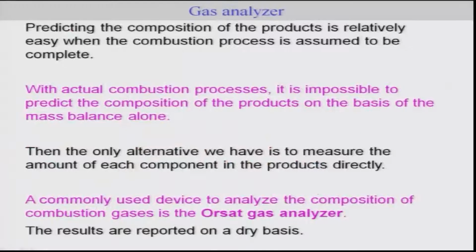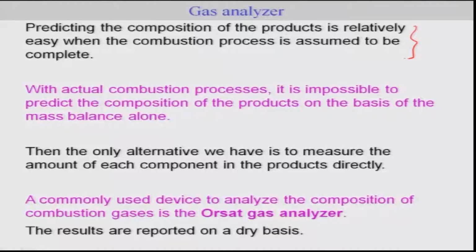Now how do you find or analyze the products of the combustion? This is important in order to see whether combustion is complete, and thus it is a critical part of the combustion reaction to analyze the gases which are formed in the product. Predicting the composition of the gas product is relatively easy when the combustion process is assumed to be complete.